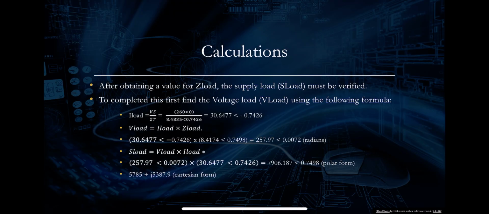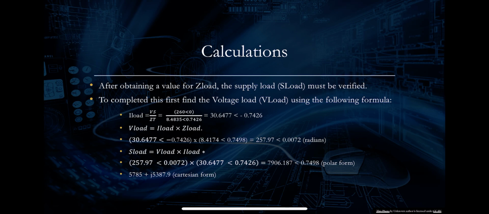After obtaining a value for Z load, the supply load must be verified. To complete this, first find the current load using the following formula. I load equals voltage supply over ZT. We found this to be 30.6477 angle minus 0.7426 in radians.